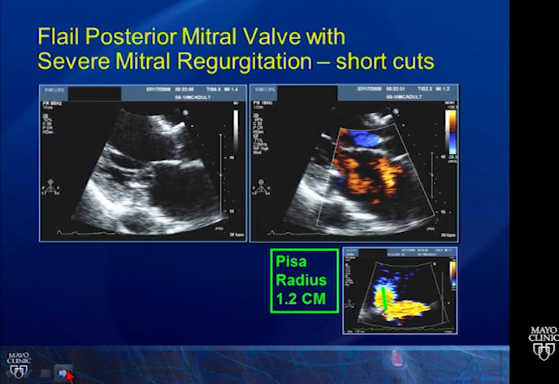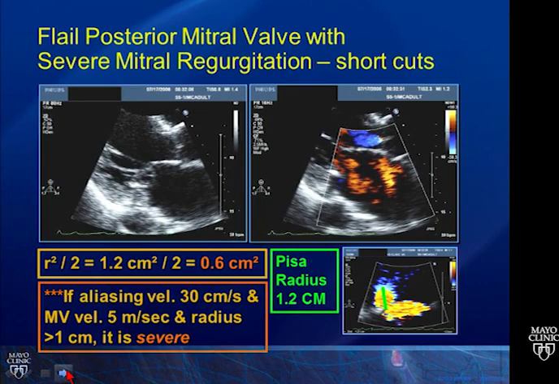Now, I think it's going to be difficult in 3.5 minutes to pull out your calculator and necessarily calculate PISA all the time. So I want to give you a couple shortcuts that I think will be helpful to you if they give you some quantitative measures. So you can take the radius that's measured, that proximal flow that comes towards the hole during systole, right here.